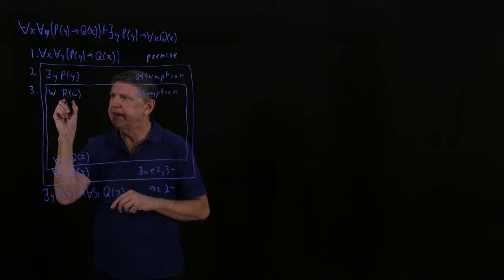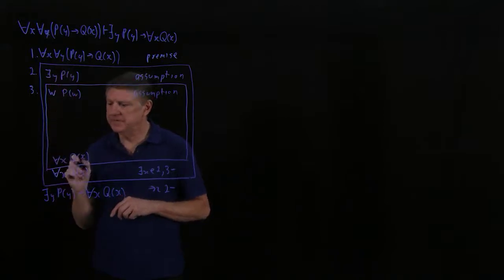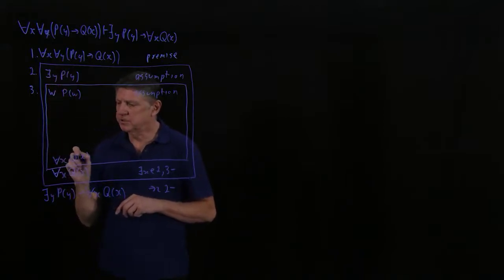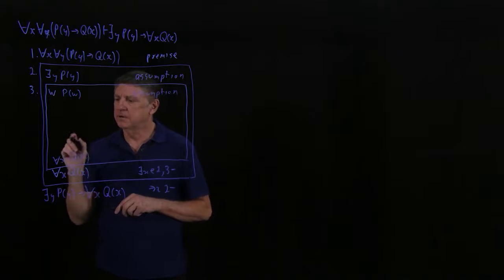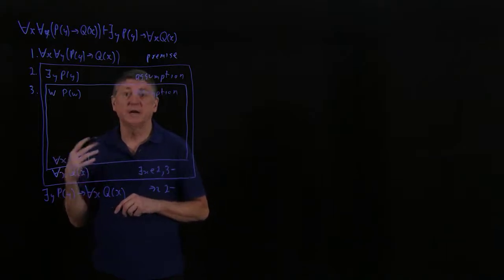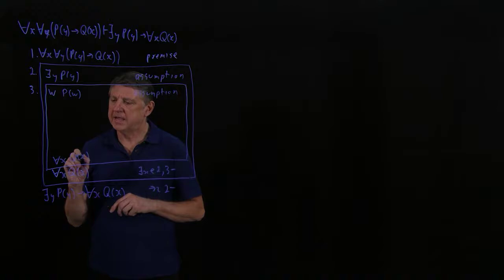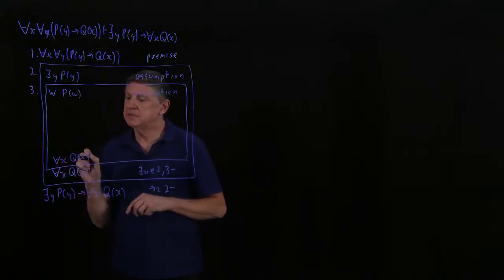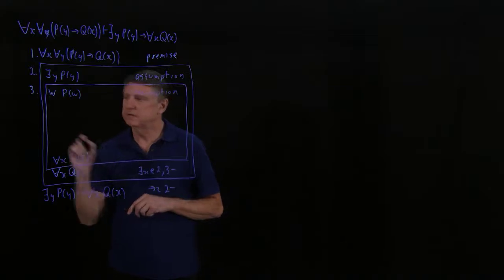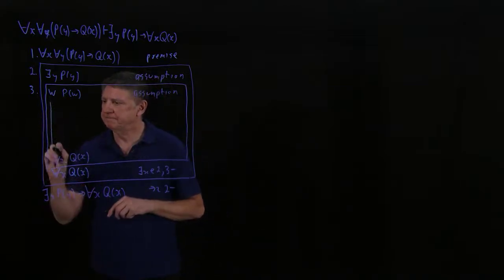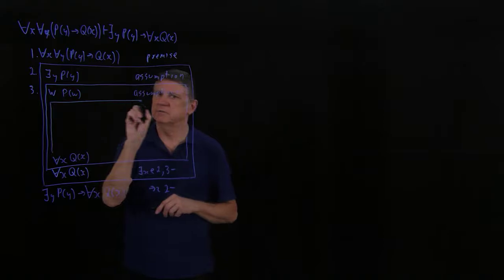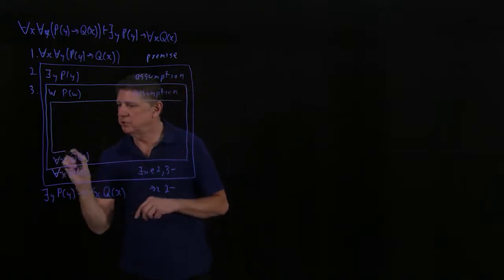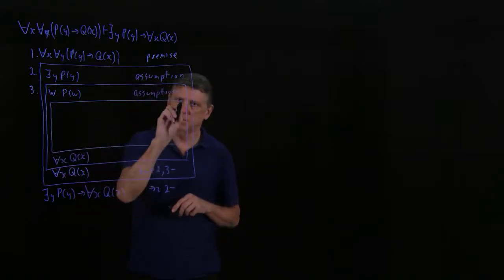Well, so if I can't get there from forward reasoning, how about backward reasoning? This is a universal quantifier, so what I could do is introduce another fresh variable and say I'm going to get here by means of universal introduction. I'll try that. So for universal introduction, I would draw a box.